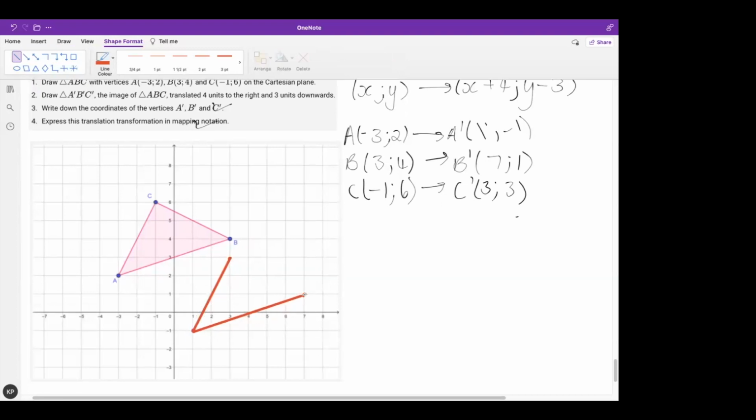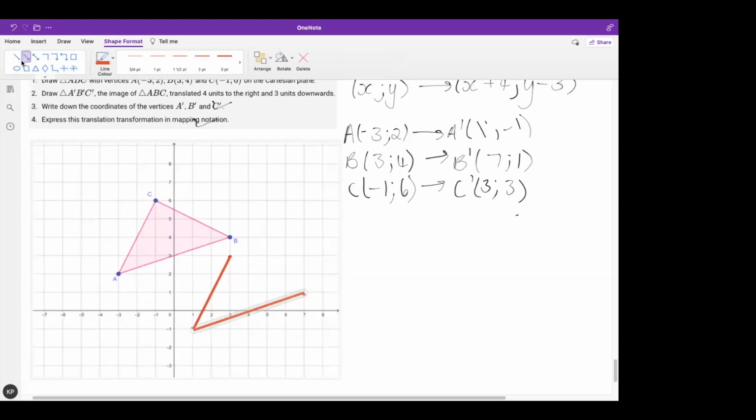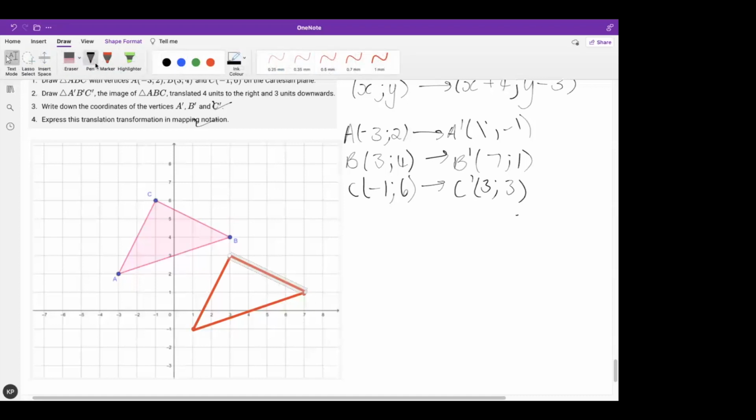Bloop. And the last bloop. Okay, now we have moved A, B, and C. Oh, we should probably name our triangle. Okay, so this at the top will be C prime. We'll have B prime over here, and we'll have A prime over here.